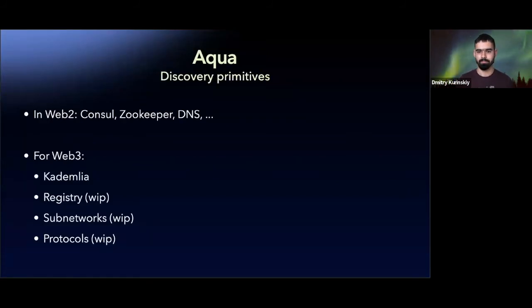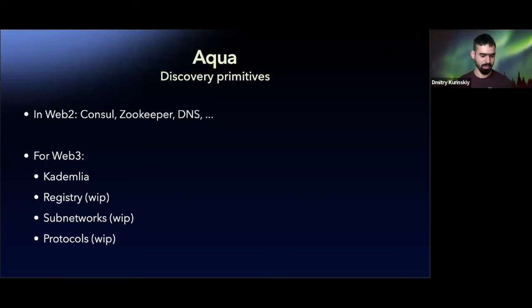So, for example, with Aqua, you can have discovery primitives. In Web2, we have many developed projects which evolved over decades or at least years, like Consul, ZooKeeper or DNS. Consul means that you have a consensus based on Raft.